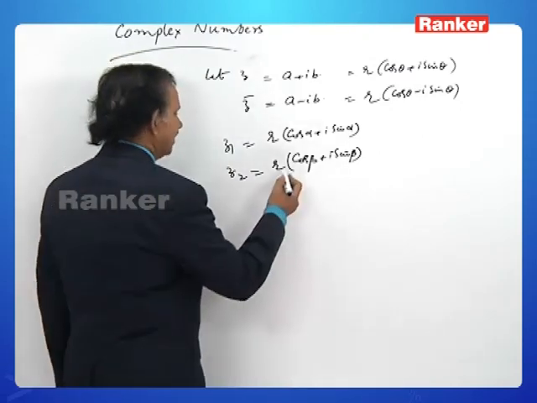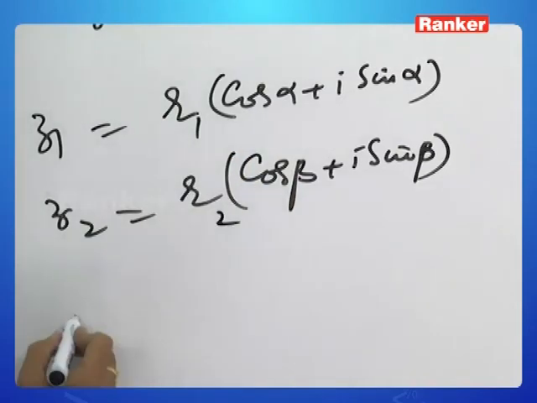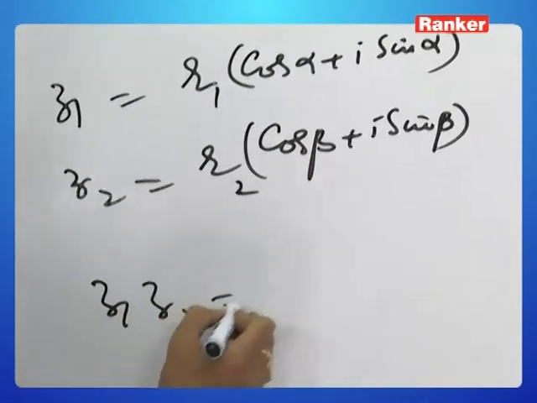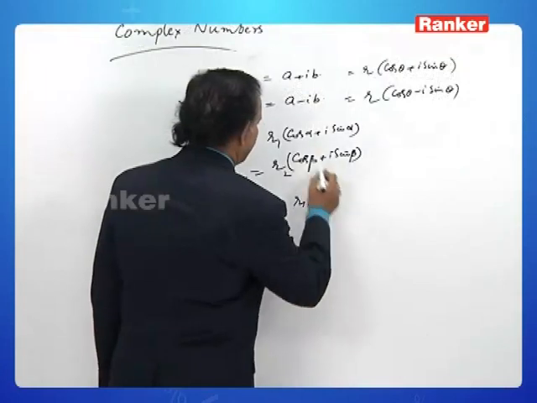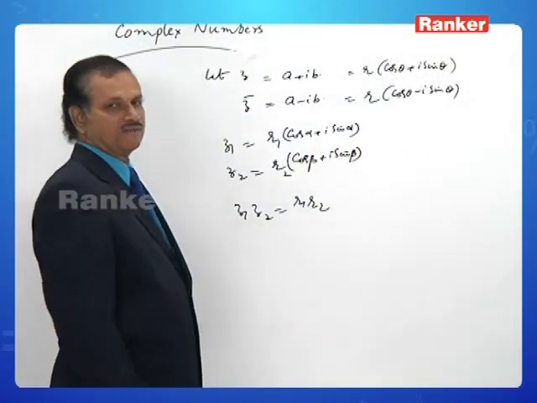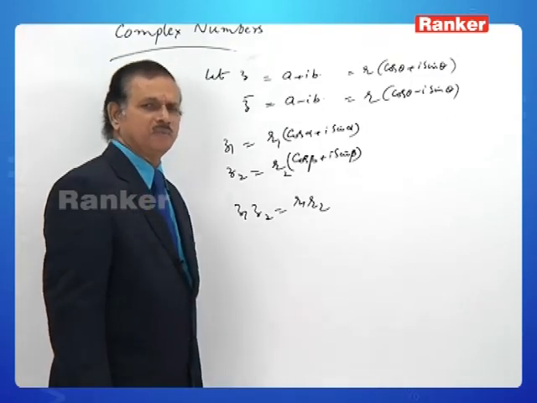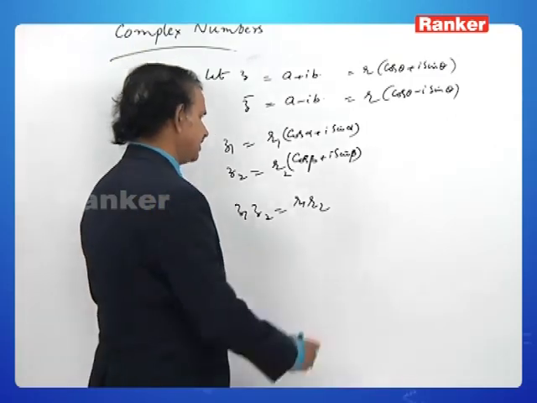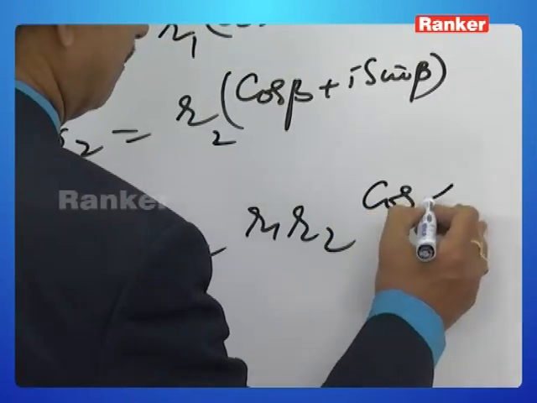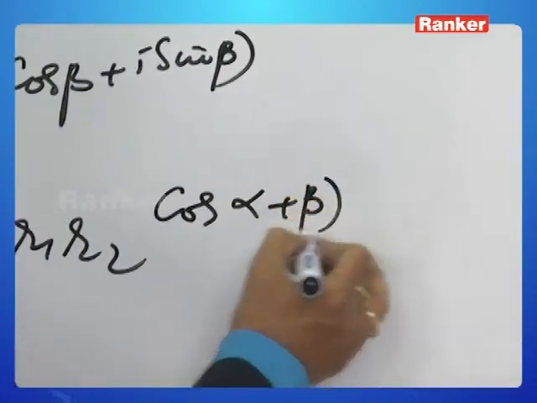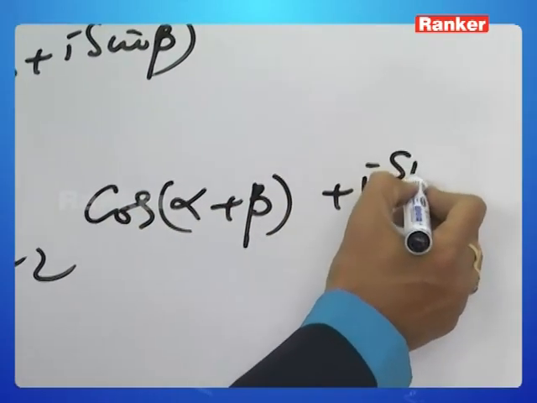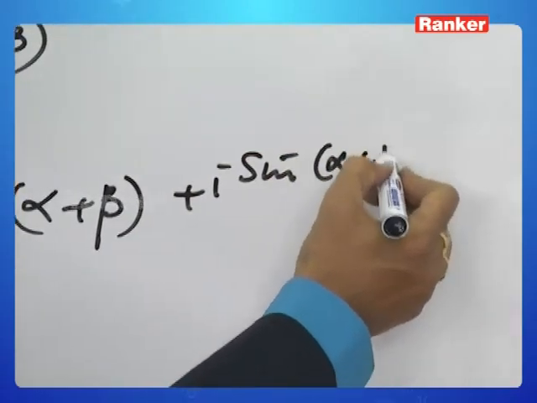Now, if you multiply this z1 and z2, what is going to happen? r1 r2 into (cos alpha plus i sin alpha) into (cos beta plus i sin beta). Using usual trigonometric multiplication and transformations, you can see that it is nothing but cos of (alpha plus beta) plus i into sin of (alpha plus beta).